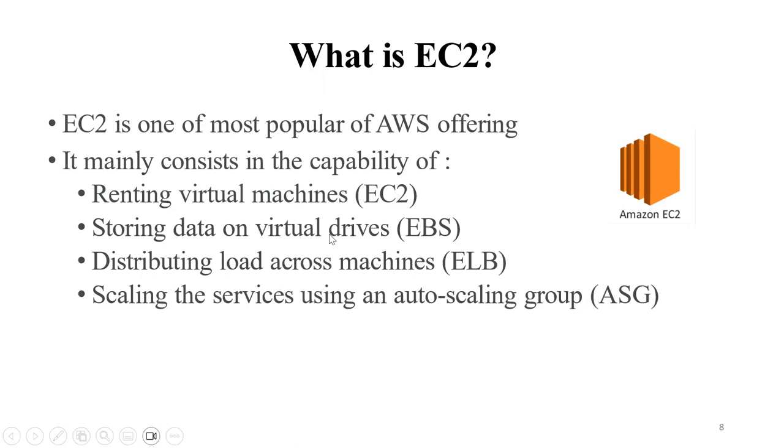Yes, there are 4 important sections that we should know. If you know all these concepts, then you know EC2. So not just launching a virtual machine, but launching it with storage, and launching multiple virtual machines to deploy our applications.